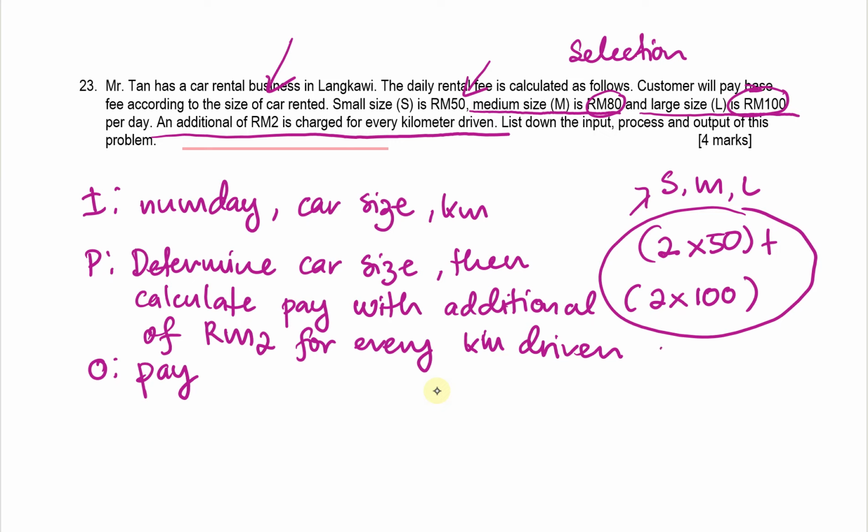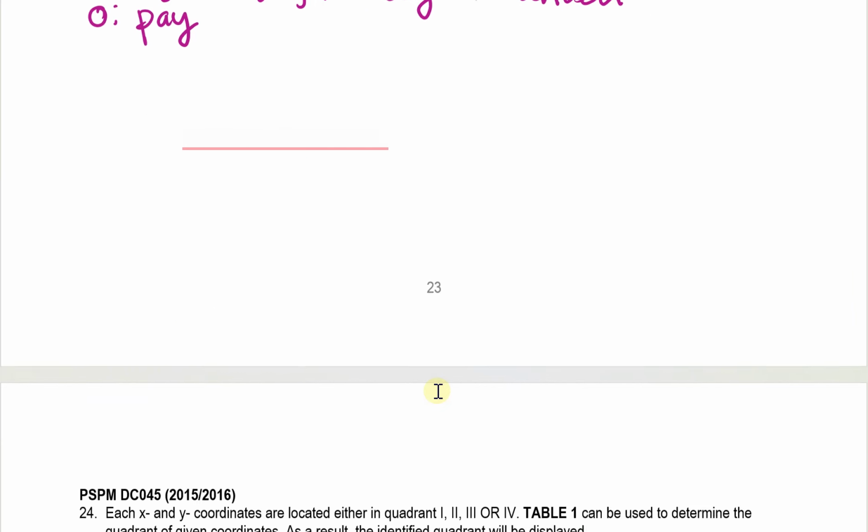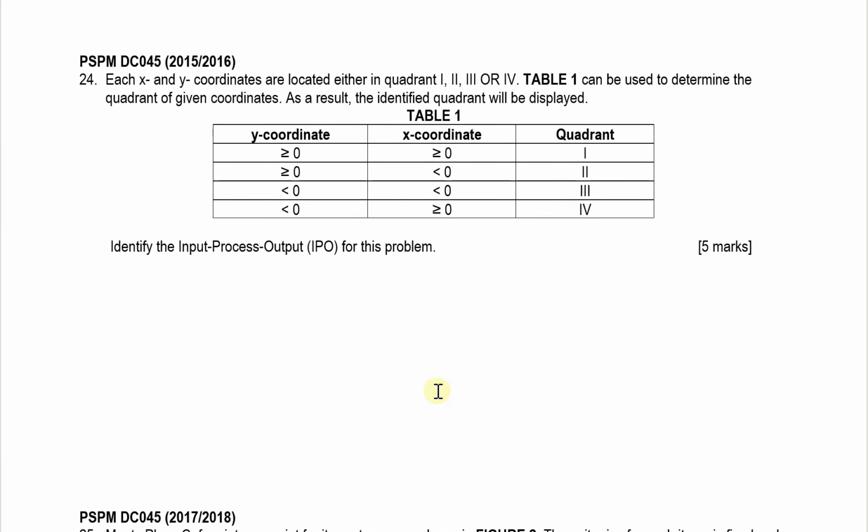Next we move to question number 24. Each x and y coordinate is located in either quadrant 1, 2, 3 or 4. Table 1 can be used to determine the quadrant of given coordinates. As a result, the identified quadrant will be displayed. So you have to identify the IPO. What is the control structure for this question? The control structure is selection. Why?